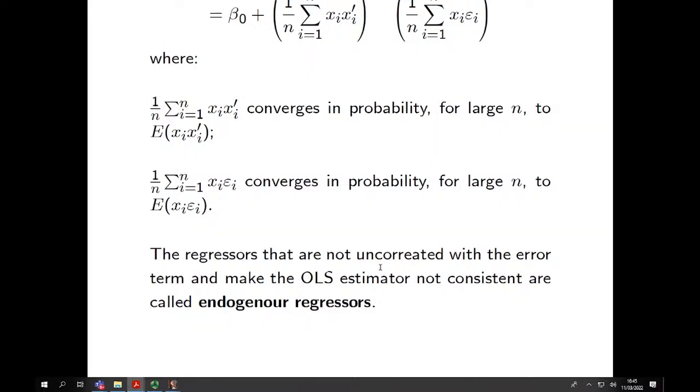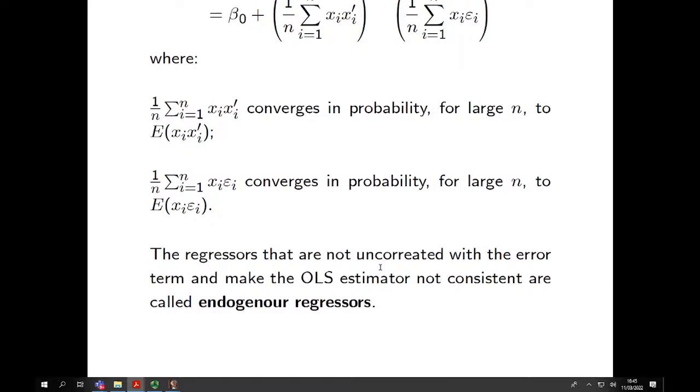It could be correlated with the error term, which in our model could be interpreted as a demand shock. So the price could be correlated with the demand shock, which makes sense if prices and quantities are determined simultaneously on the market.